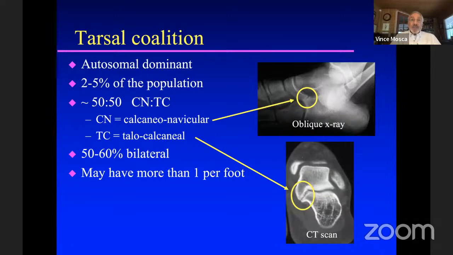What Harris and Beath further identified was that of those Canadian soldiers who had rigid flat feet, they were able to use x-rays to identify tarsal coalitions in 88% of them, meaning there were 12% of rigid flat feet in which they could not identify tarsal coalitions.